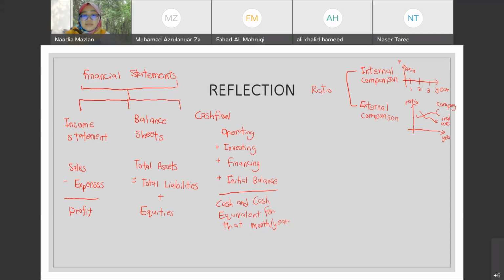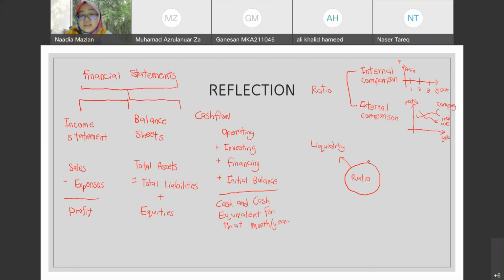Okay, so that is ratio. There are 5 types of ratio. The first one is liquidity.